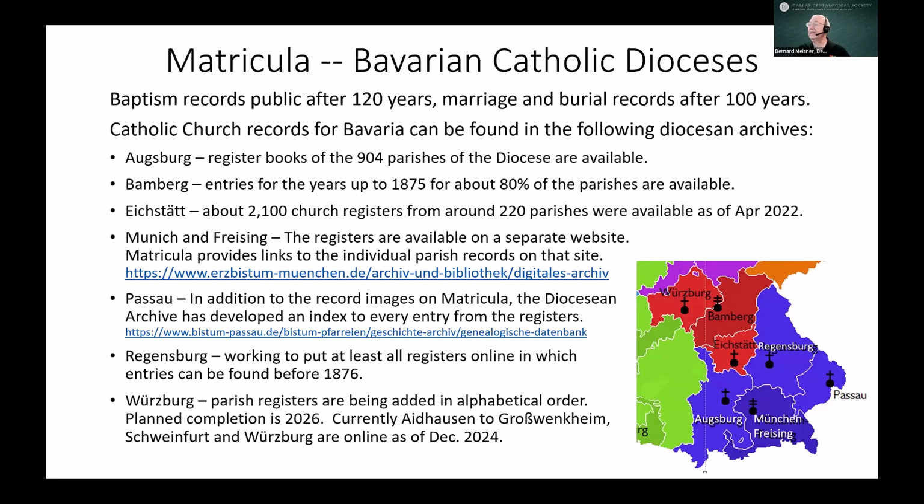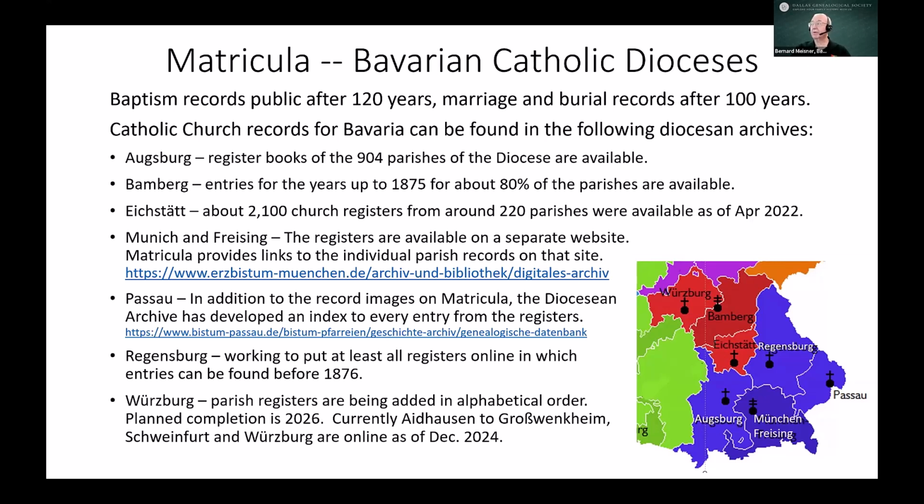Now, finally, because I've been doing this a long time, they're starting to add them. Currently, they have the parishes from A to G, with also the towns of Schweinfurt and Würzburg. And their planned completion date is 2026, the end of next year, knock on wood.